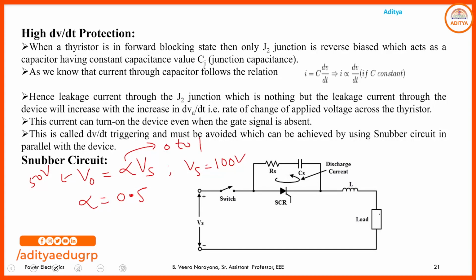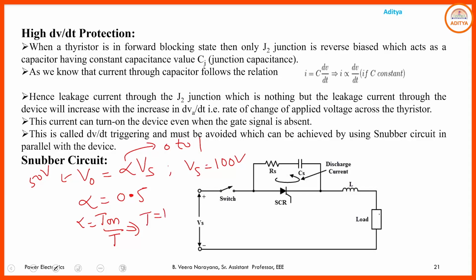Alpha is nothing but T on by T. If you consider the total time as 10 milliseconds, then the on time must be 5 milliseconds.